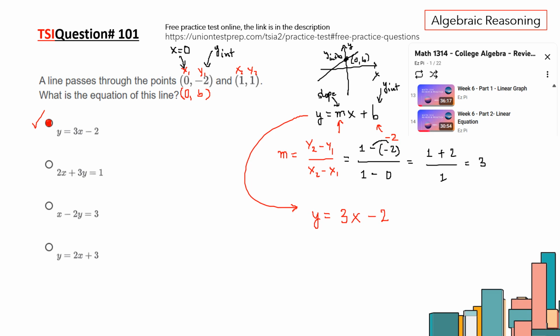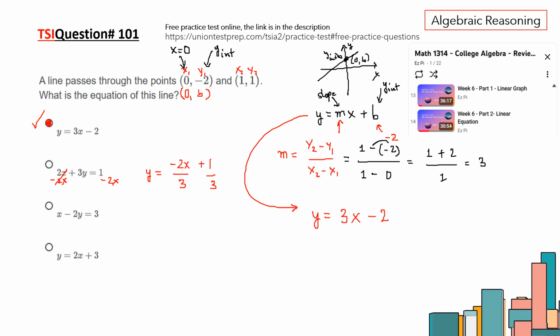Okay, if we don't remember how to do the step-by-step, we can still work on these questions by solving for y first. You see this one, the second one: if you solve for y, you subtract 2x from both sides. Now this one is gone. Then you divide both sides by 3, so you will have y equal to (-2x + 1) over 3. So that will look like that.